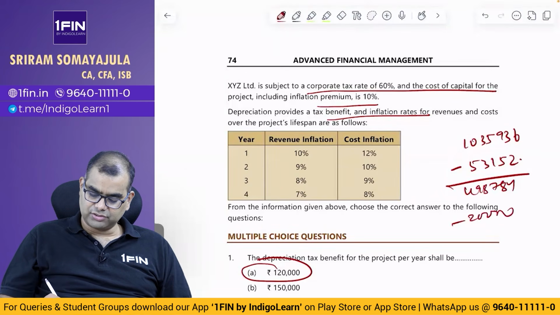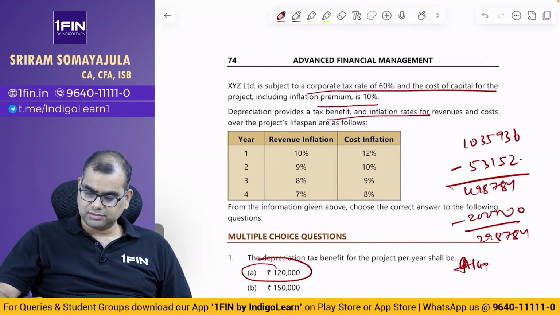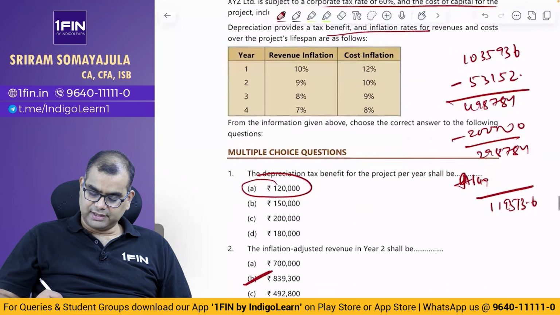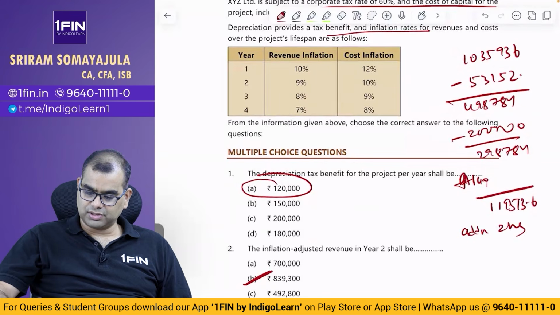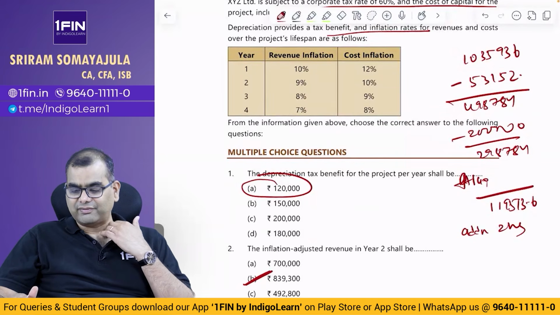Depreciation 2 lakhs. You get 298,784. PAT is 40%, $1,19,513.6. Add depreciation 2 lakhs. So plus 2 lakhs. You get 3,195,136.